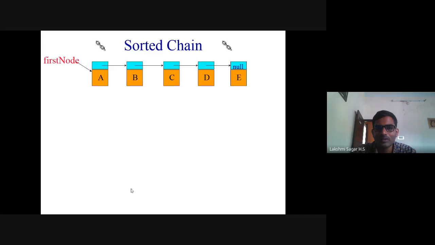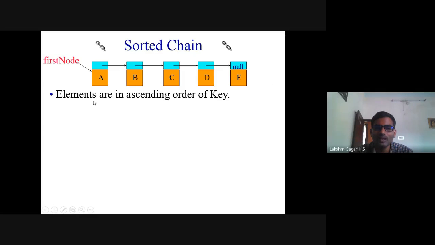So next one will be sorted chain. In the sorted chain, each node has a key, and associated to that key an element or value is present. So here you can see A, B, C, D, E are distinct keys, and associated to the distinct keys some elements or values are present. So consider this one the first node and this one the last node.